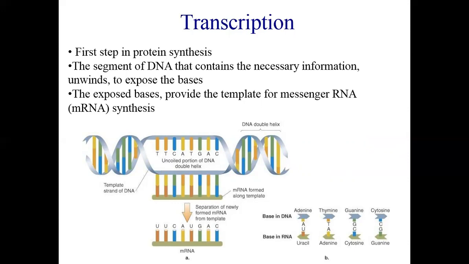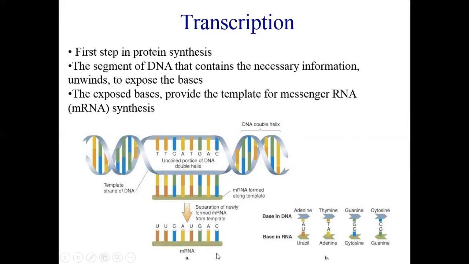It is the first step where the RNA is transcribed from the DNA, and then on these RNA strands the proteins are synthesized. The segment of DNA that contains the necessary information unwinds to expose the bases. The exposed bases provide the template for messenger RNA, and this is known as mRNA synthesis or transcription.